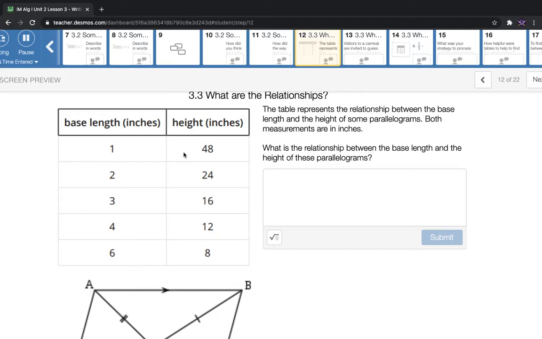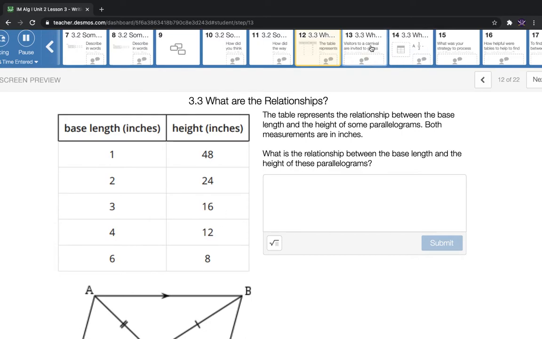Okay, our height, we've got this, it goes 1, 2, 3, 4, 6. Okay, but what do we notice here? 48, and then I get to 24, then I get to 16, then I get to 12. Okay, is there something that I could do there to get this problem done?